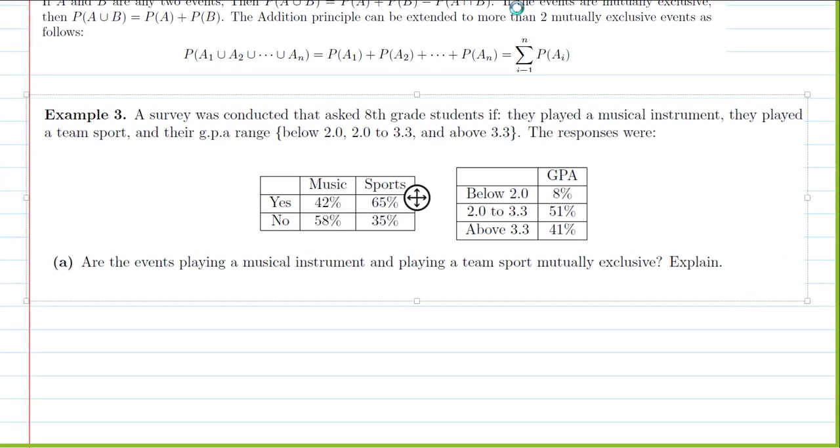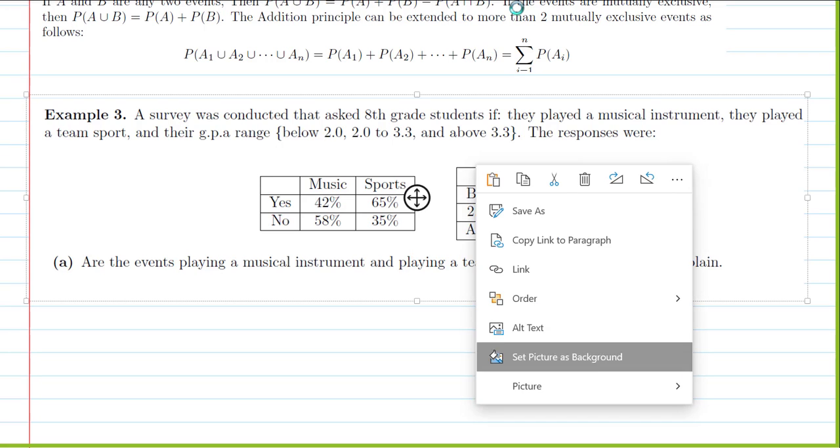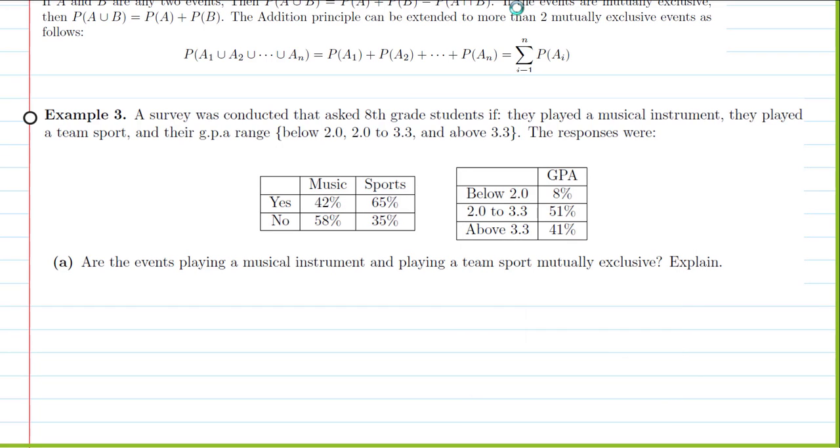So example 3 says, a survey was conducted that asked 8th grade students if they played a musical instrument, if they played a team sport, and their GPA range. So below 2.0, 2.0 to 3.3, and 3.3 and above. Their responses were the following.